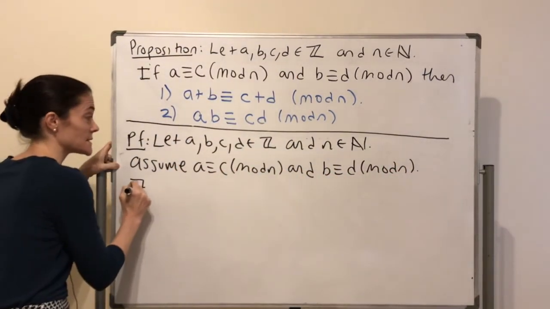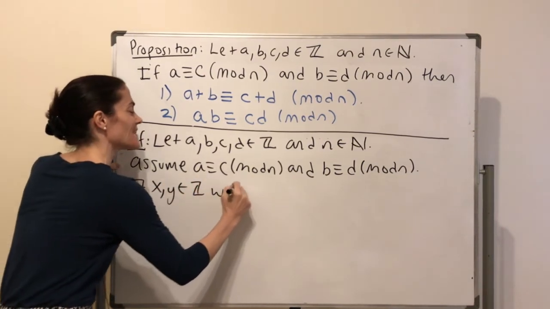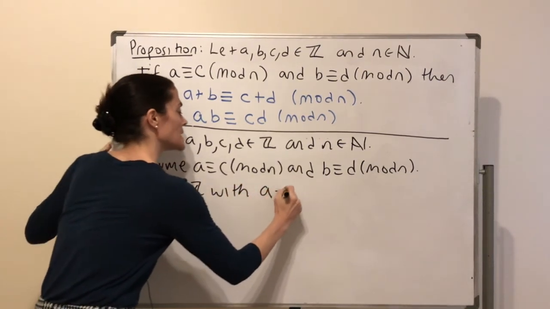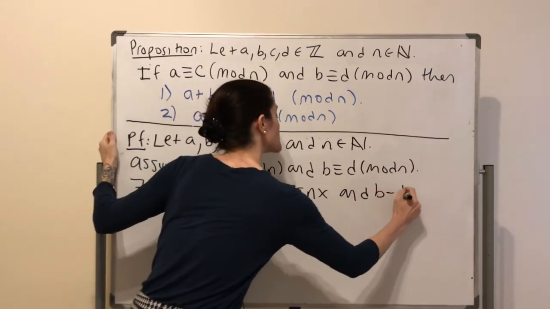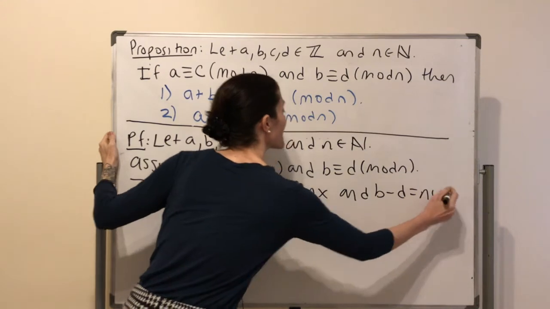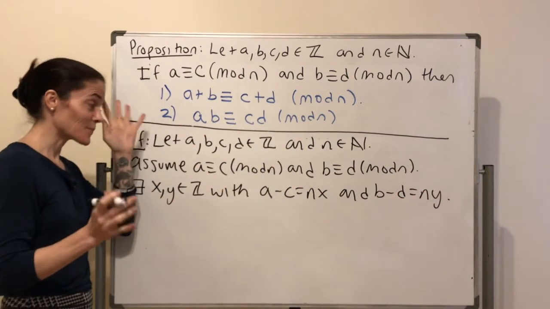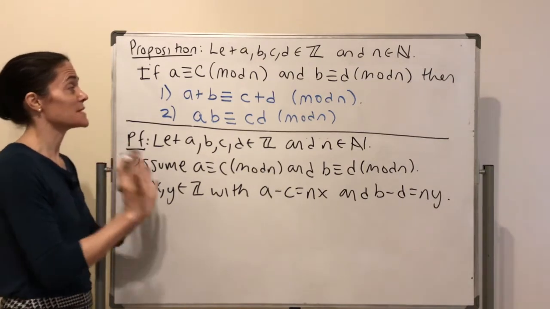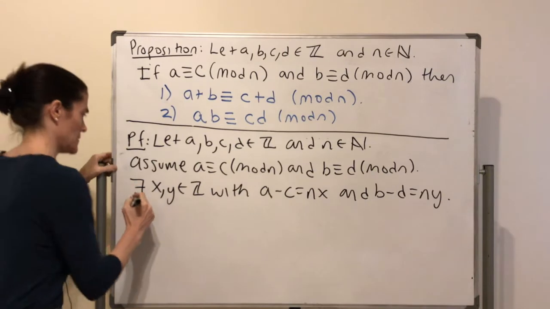Then, well, there exist two integers, say x and y, with a minus c is nx and b minus d is ny. Now we can begin with part 1 and part 2. So for part 1, we want a plus b to be congruent to c plus d mod n.